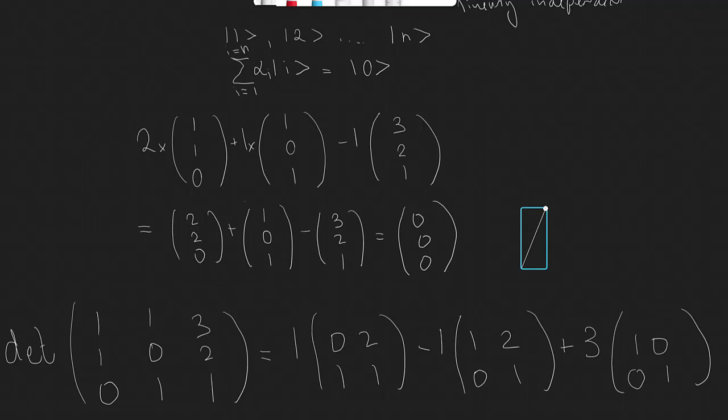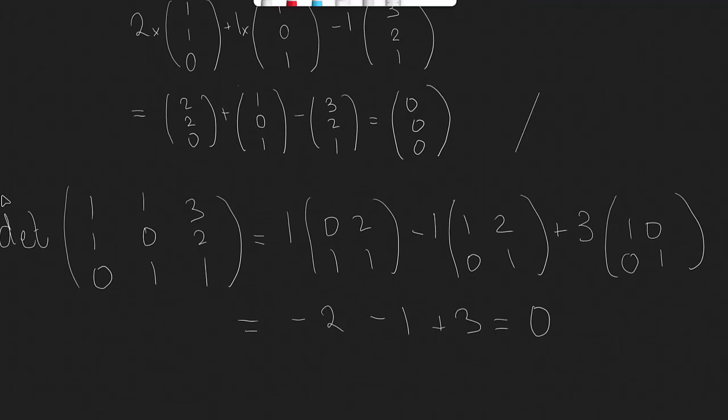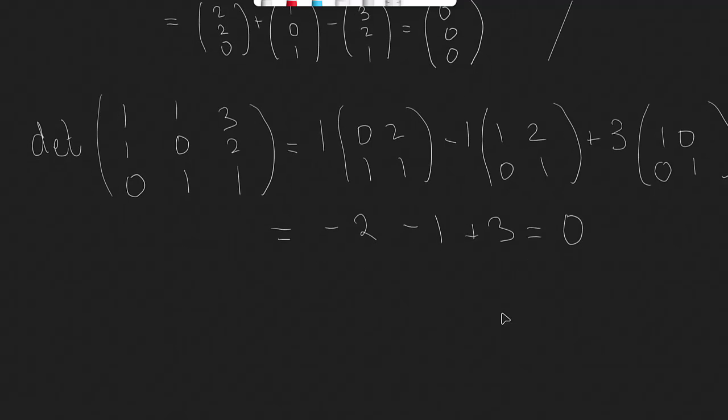So all I've done here is put them in a matrix right across here, and I found the determinant of that using the standard linear algebra rules, and we get a result of 0. And if the determinant is equal to 0, this means that its columns are linearly dependent.